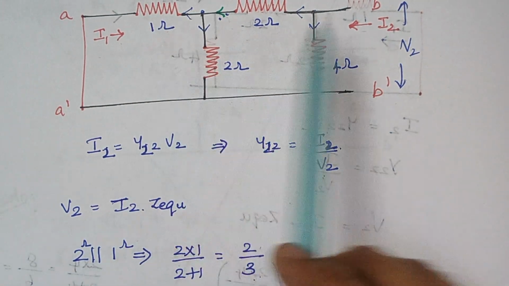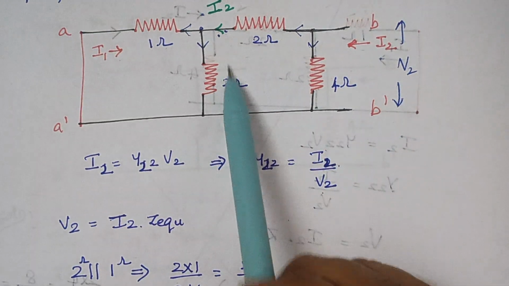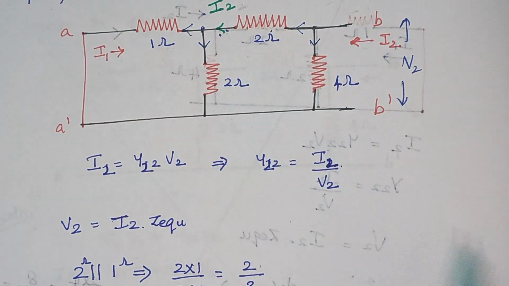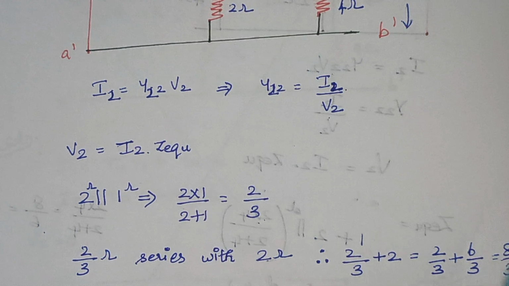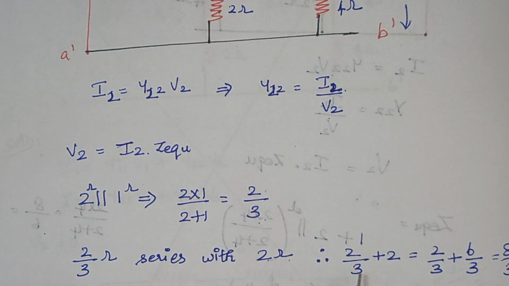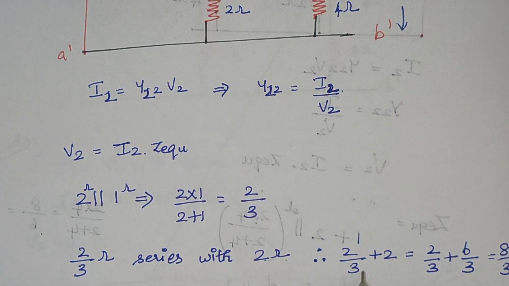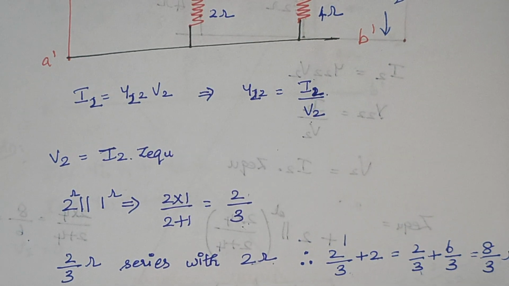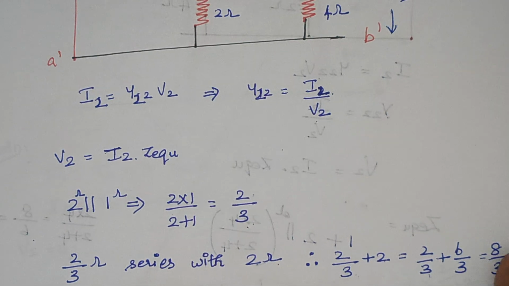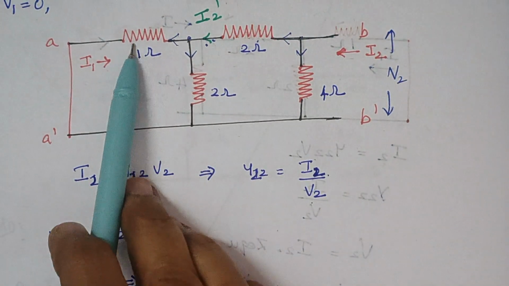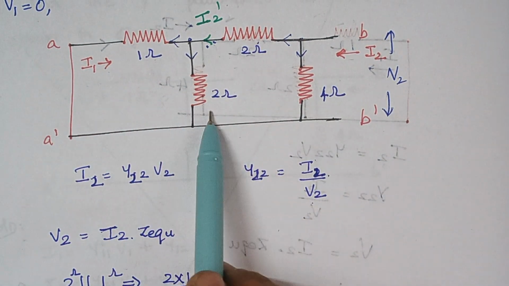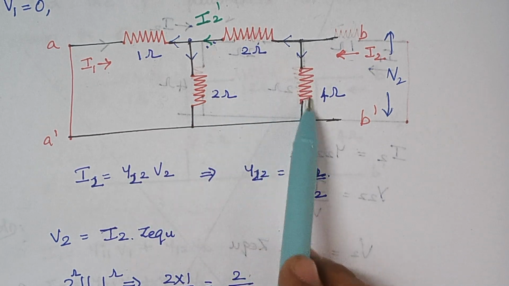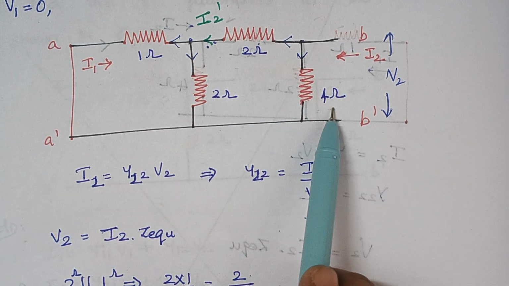This combination is now in series with this 2 ohm. So this 2 by 3 ohm is in series with 2 ohm, so we just have to add. 2 by 3 plus 2, once you take LCM, we end up with 8 by 3 ohm. Now again this combination is in parallel with this 4 ohm.